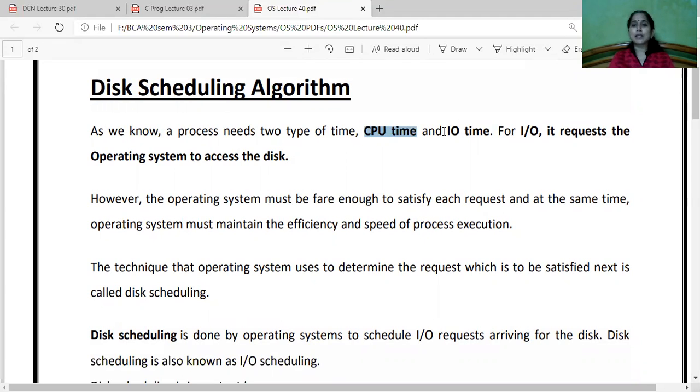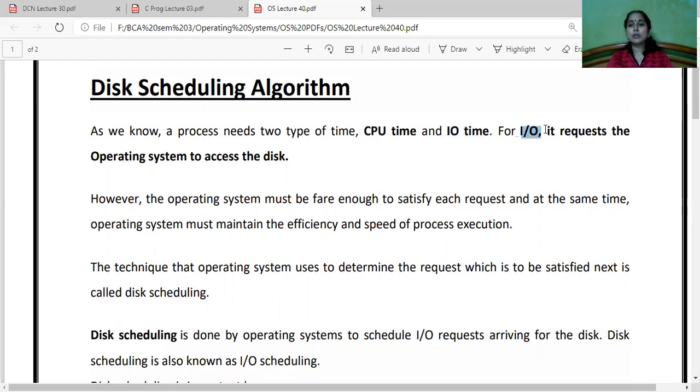So during this input output process, this IO time is required. So broadly speaking, computers have two types of time: one is CPU time, that is the execution time of a process, and the other is input output time, that is the time incurred in generating an output or receiving an input for the process.